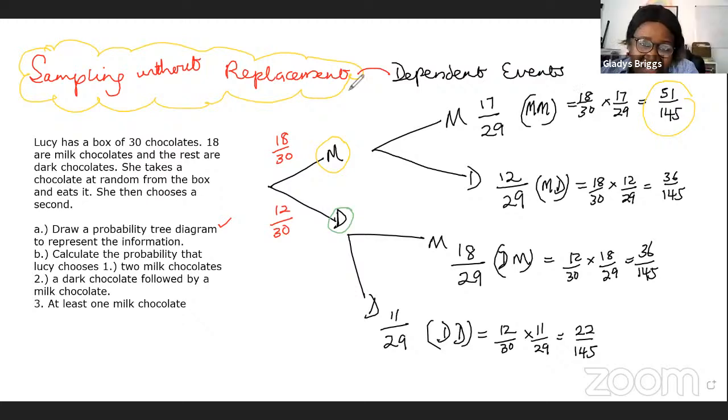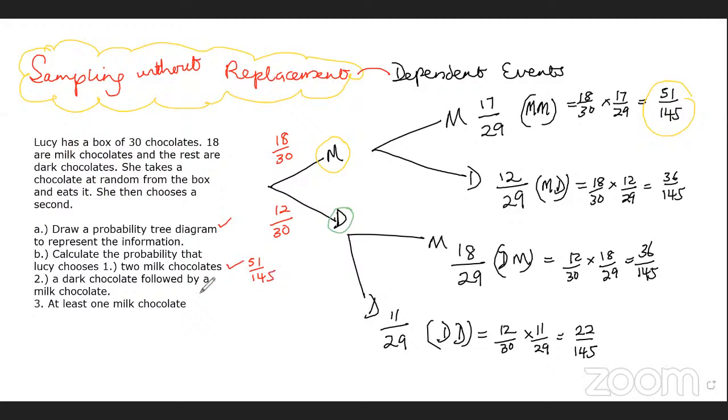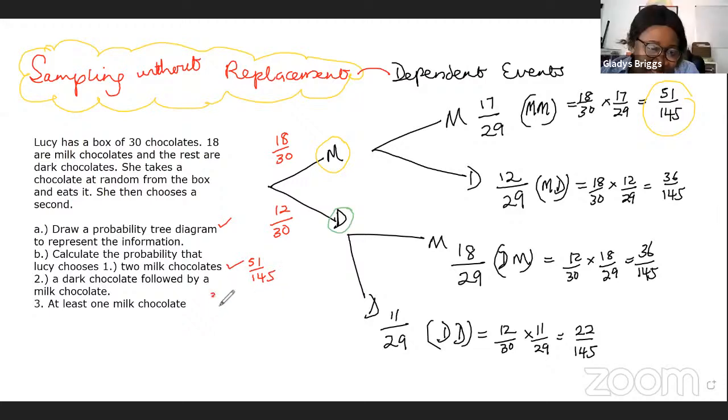Well done. 2 milk chocolates is milk and milk, the first one. And number 2, a dark chocolate followed by a milk chocolate will be 36 over 145.